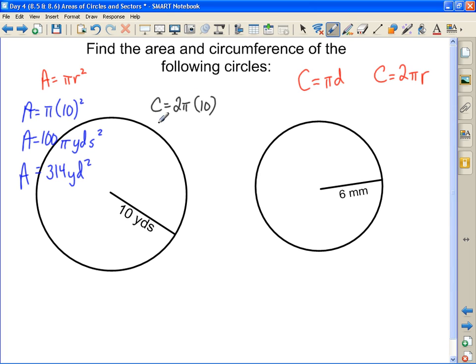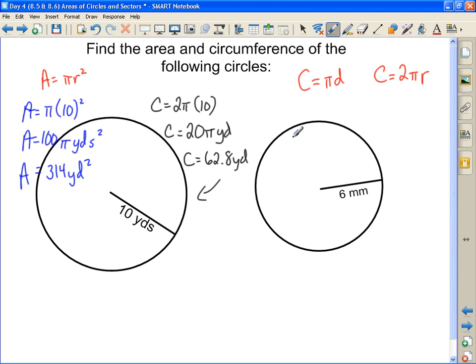Well, in terms of pi, my answer is 20 pi yards, and so that's what I get when I multiply this out in terms of pi. And so then if I was to multiply it through by pi, say I wanted a decimal equivalent, then it would be something like 62.8 yards would be my circumference of this circle over here.